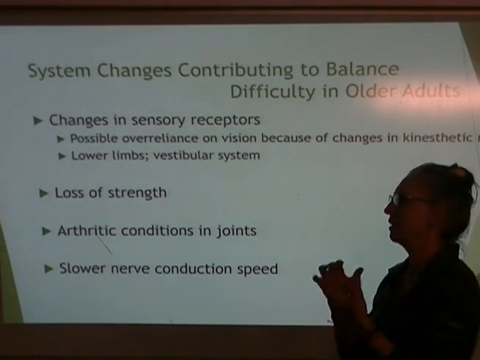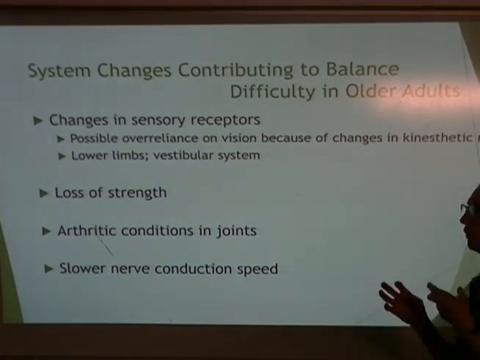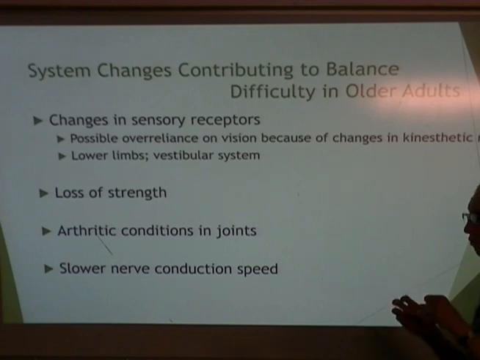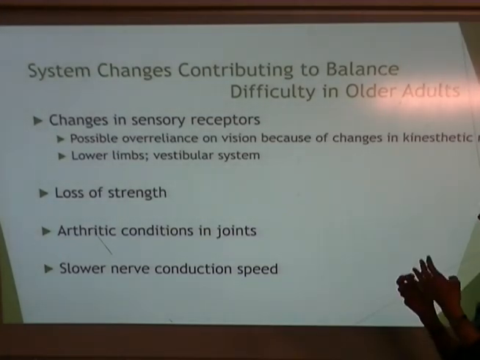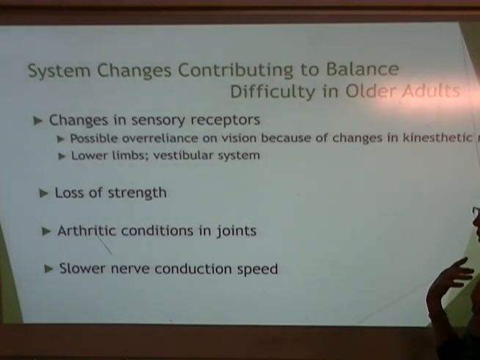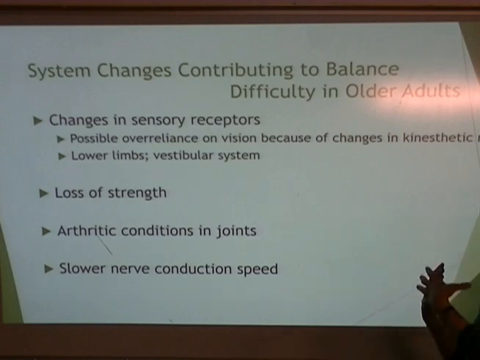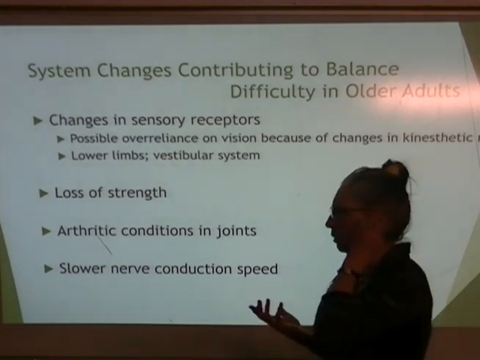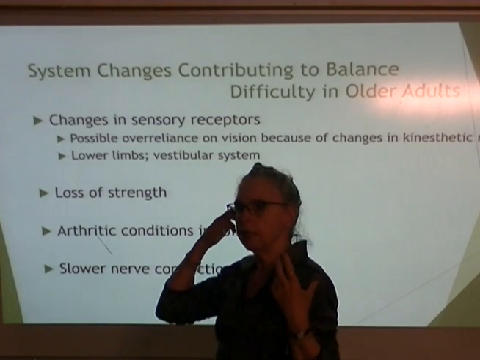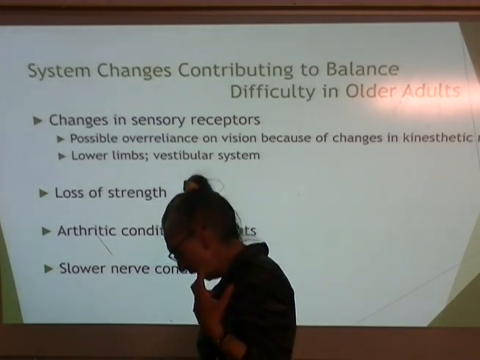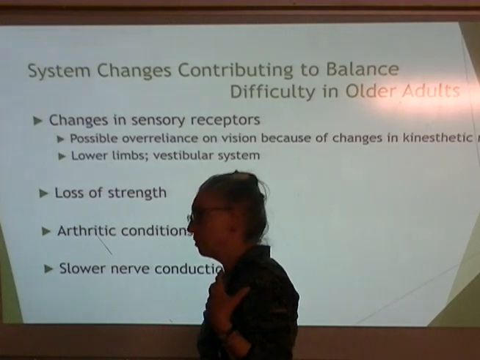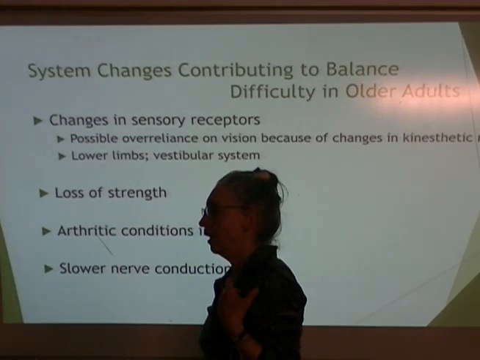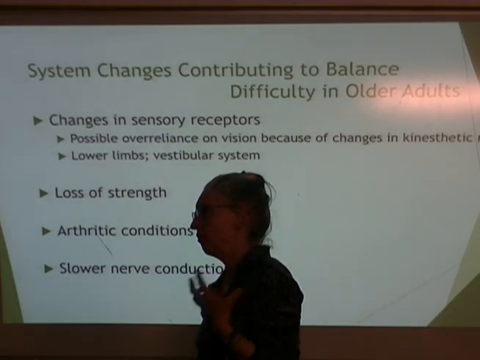Because diabetes causes neuropathy, which causes degradation of the nerves, and that slows down and delays information, and also means the information is of poor quality when it reaches the central nervous system. And in diabetics in particular, they tend to develop neuropathy in their lower leg and their feet.